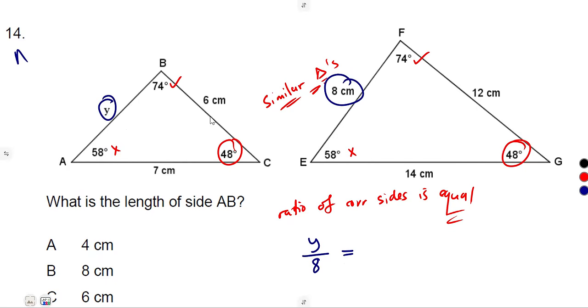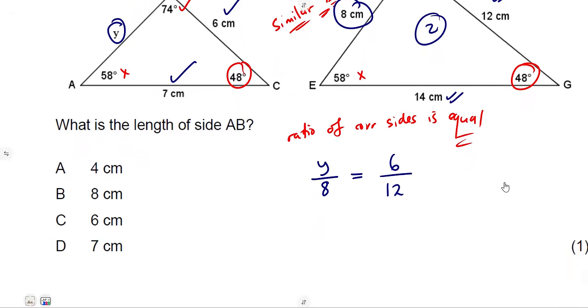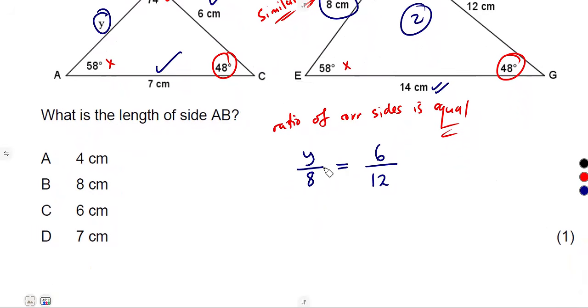We started with triangle ABC, so we start with this one: 6 over its corresponding side, which is 12. If you use 7, it would be 7 over its corresponding side, which is 14. It is up to you which one you pick. We have a ratio there, so we can find y.